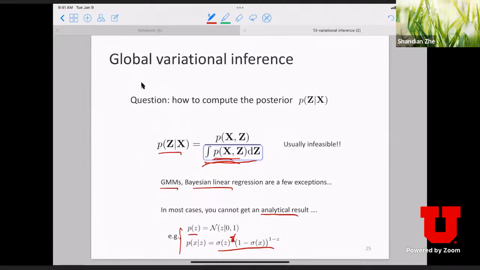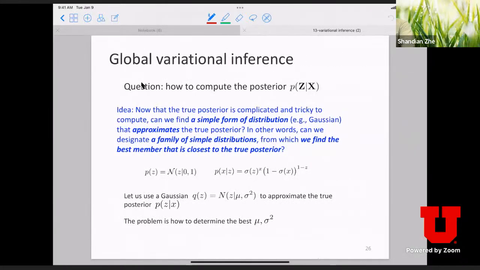Now, if you want to compute the posterior distribution of z given x, even when it's just a scalar, it is analytically intractable. You don't know the form of that. So then the question would be, in that case, how do we compute the posterior of z given x?